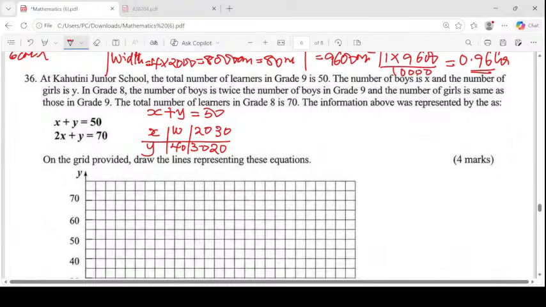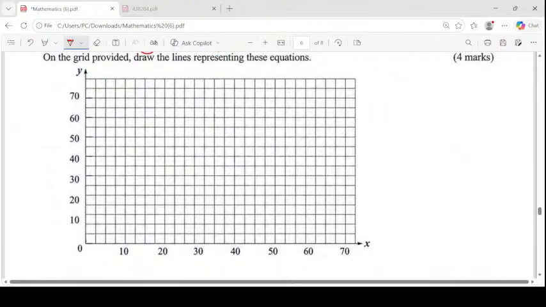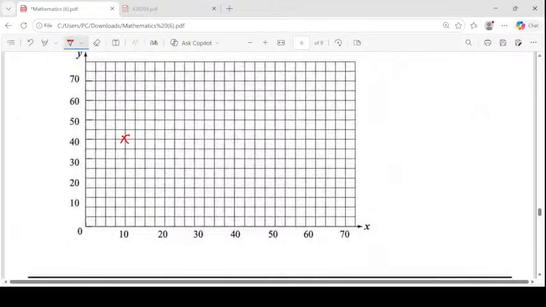So we can draw that line. So let me plot 10, 40. 10 is here, 40 is here. Then 20, 30. 20 is here.